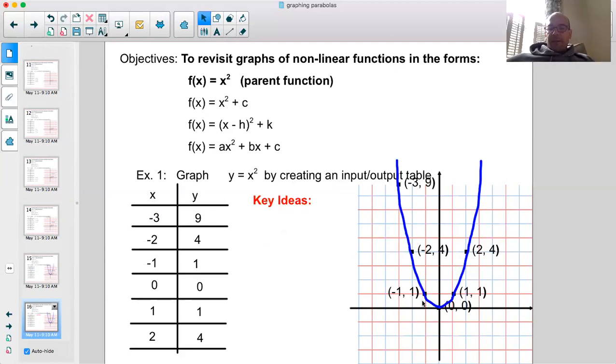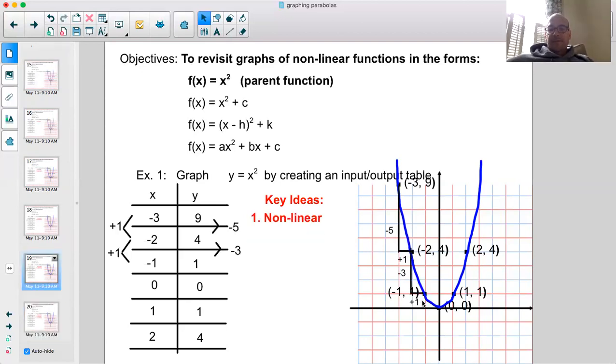So the key ideas that I want you to think of as you look at that graph are, A, when you're graphing something that has a squared in it, don't expect it to be linear. I already talked about it a little bit, but you can see that there's bigger drops and smaller drops, and the rise over run is not consistent.